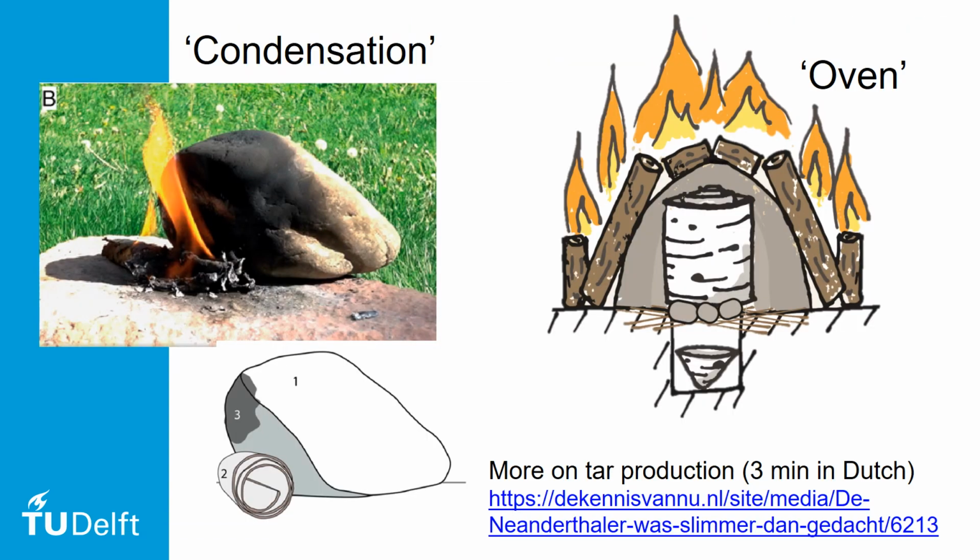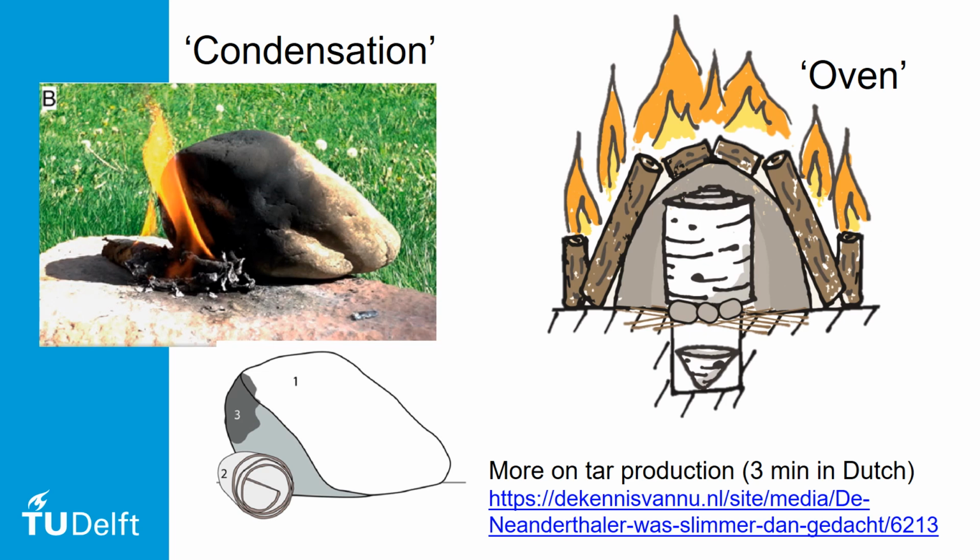Now, another reason why tar is interesting to archaeologists is basically its practical production process. This process is considered to be highly complex, but nobody had actually been successful in recreating this process without the convenient use of a glass bottle, or in the case of Neanderthals, pottery.